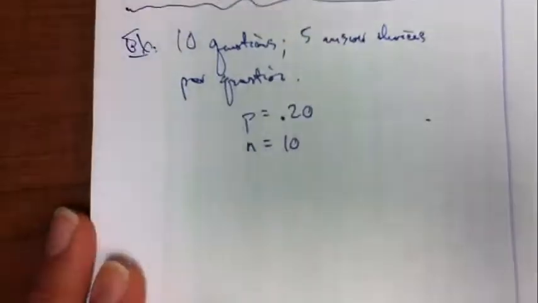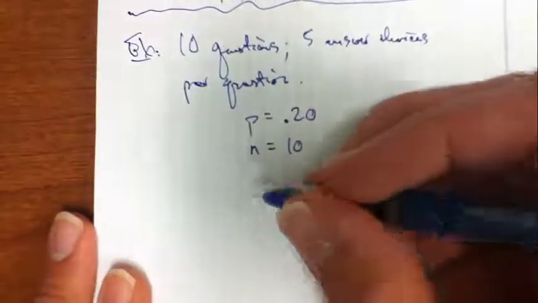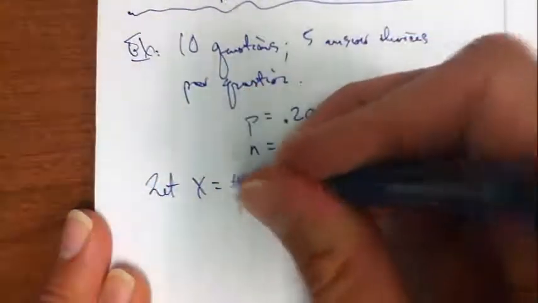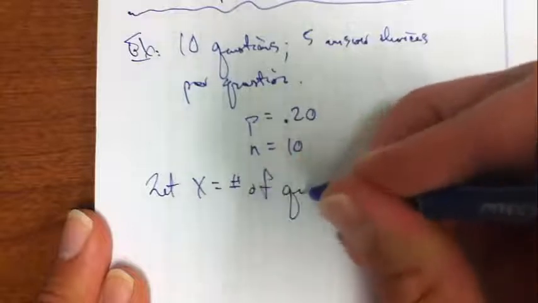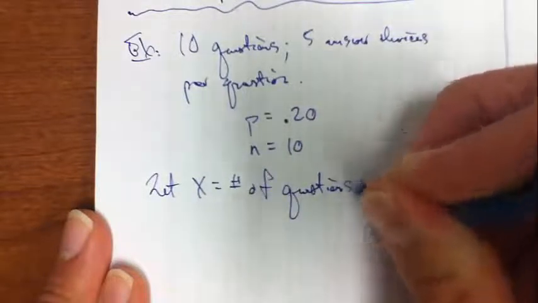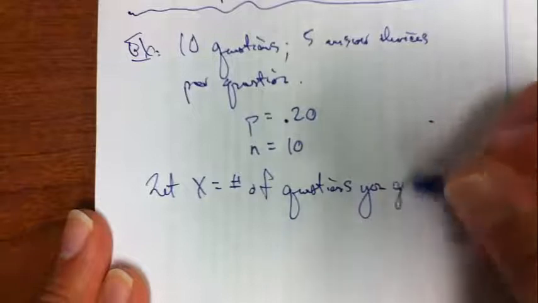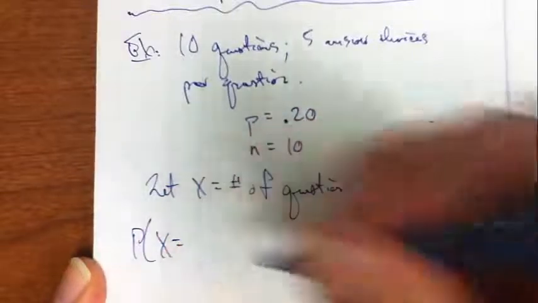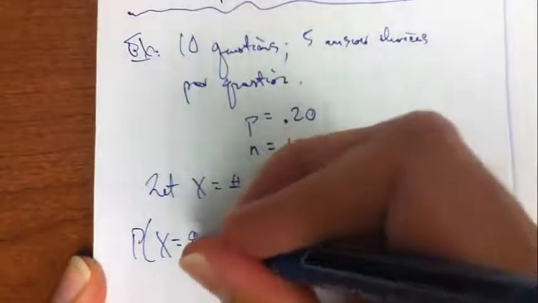So think about it like this. Let's let X denote the number of questions you get right. And so maybe you want to know, what's the chance that X is 8?